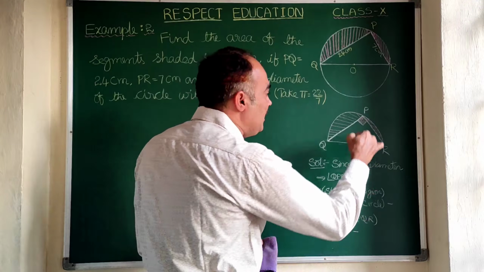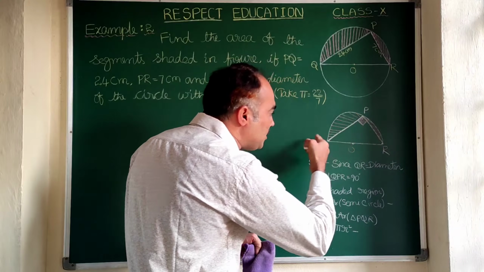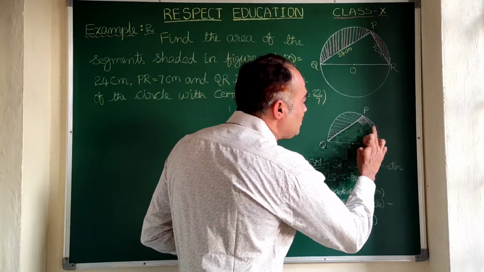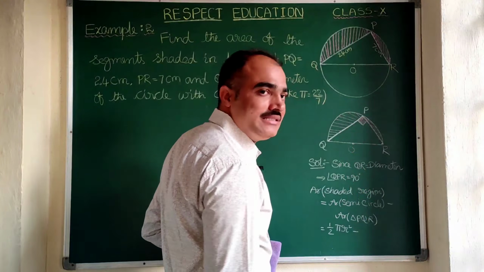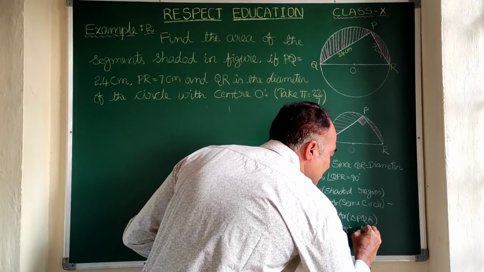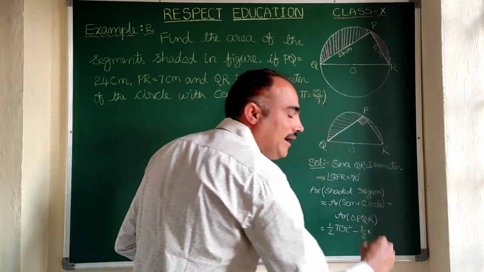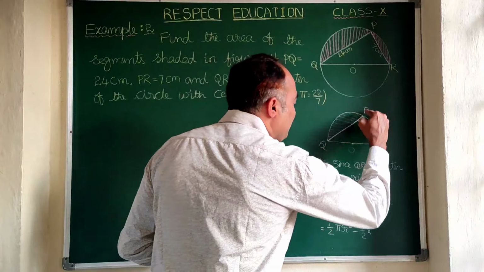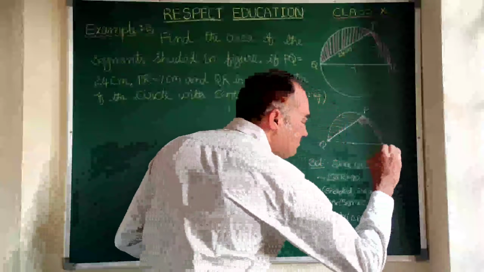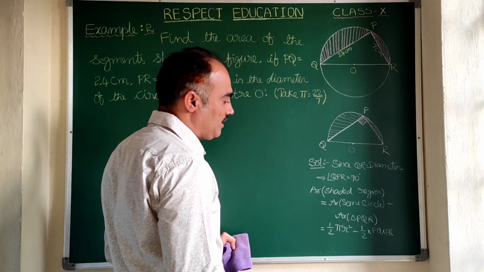If PR is base, then PQ will be the height. Simple. These two sides will be the height and base respectively. So the formula for the area of triangle PQR is half into base into height. If I take PQ as base, then PR will be the height, so 1/2 into PQ into PR.